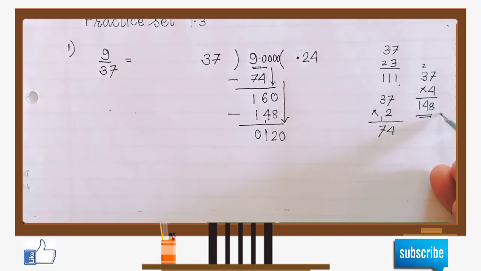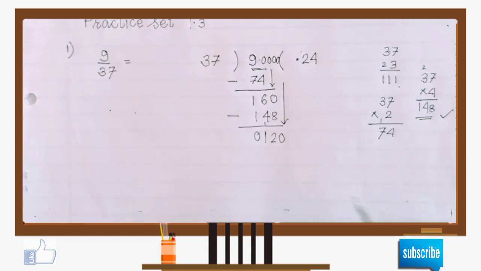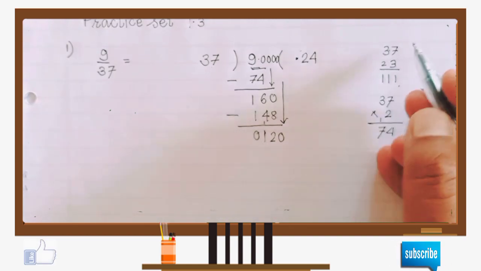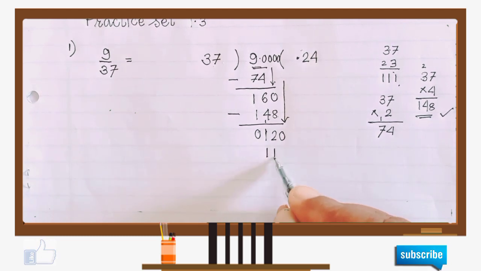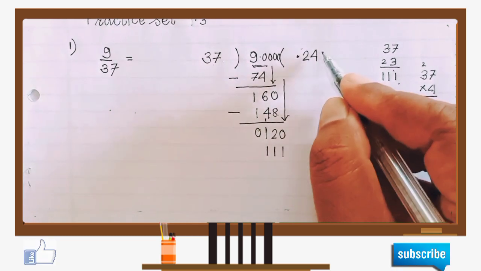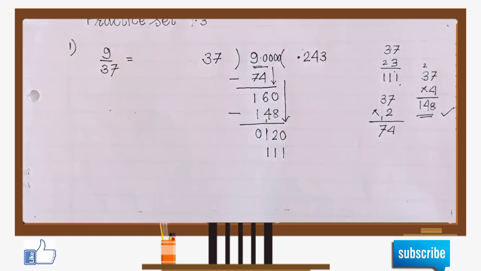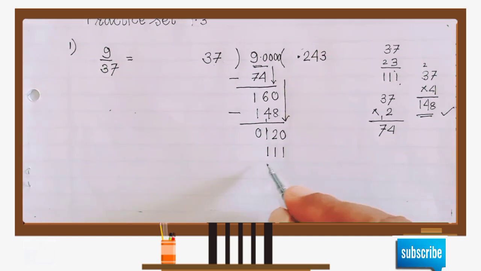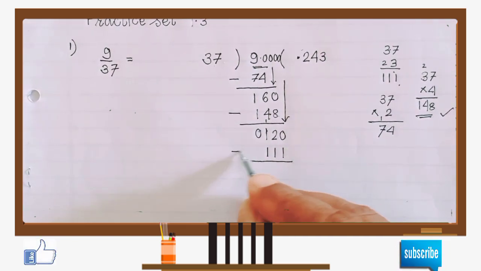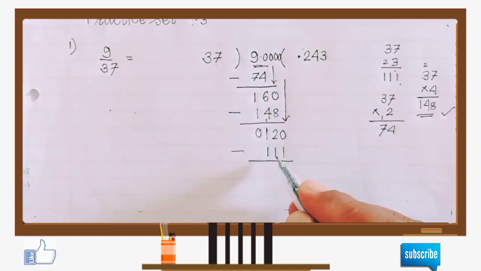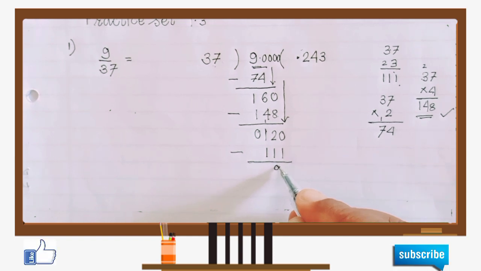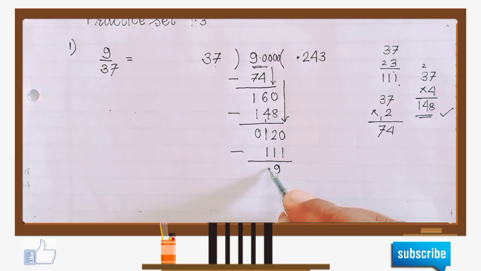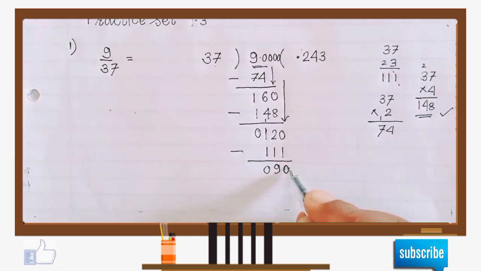37 into 4 is 148, which is above this, so we will take 37 into 3, which is 111. Make a subtraction here, you will get 9, and bringing down 0, 90.